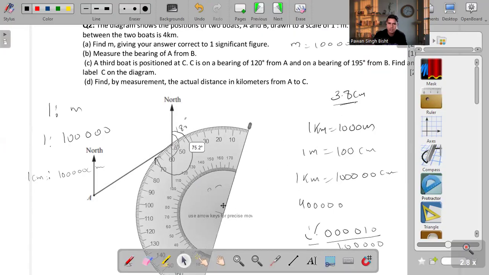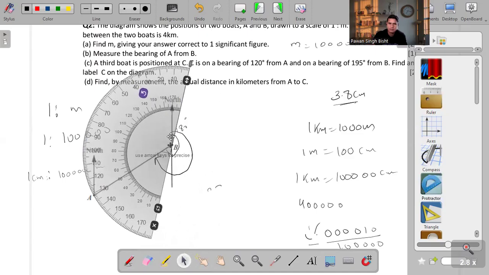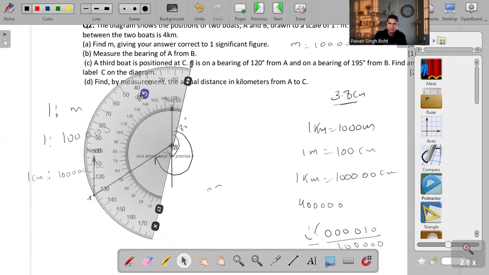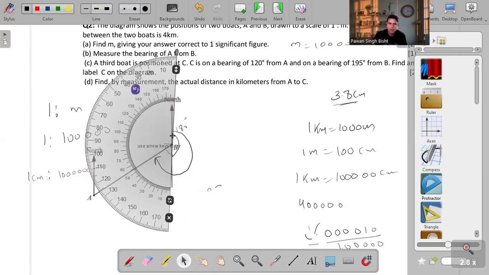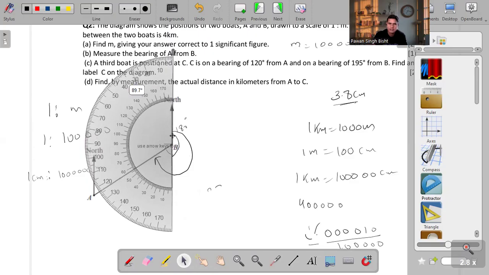Okay, so I will measure this angle now. You all know how to measure an angle. You put it, hide this line.